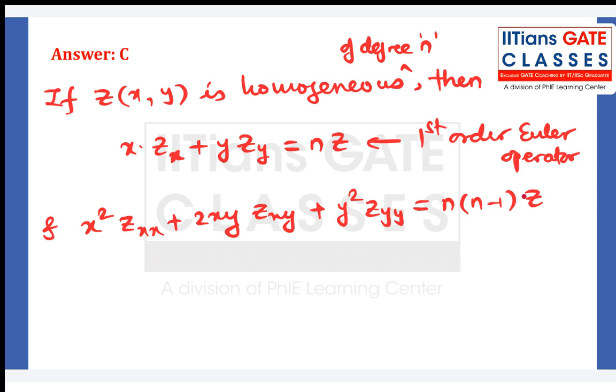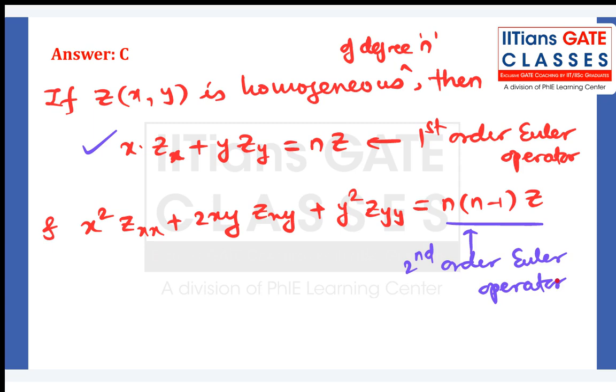So in your GATE exam, mostly they tend to ask you the first one, and very rarely they have gone to this. Let's say they are asking you second order also. So this is your second order Euler operator. I mean, this is the whole equation, not the RHS.